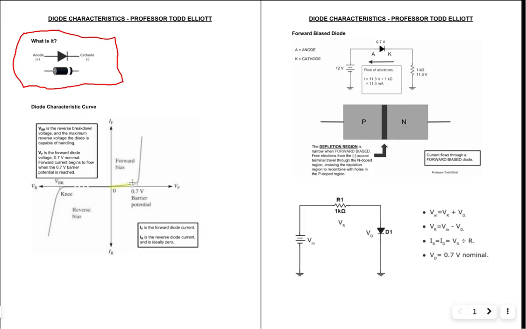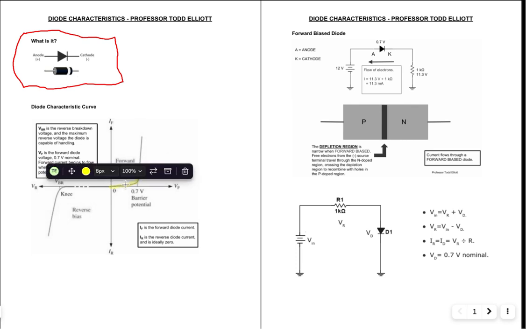And you see where it hits this 0.7 volts right there? For a silicon diode, that is the standard turn on point, at which point the diode is fully in forward conduction. Truthfully, the silicon diode starts turning on more around 0.55 to 0.6.